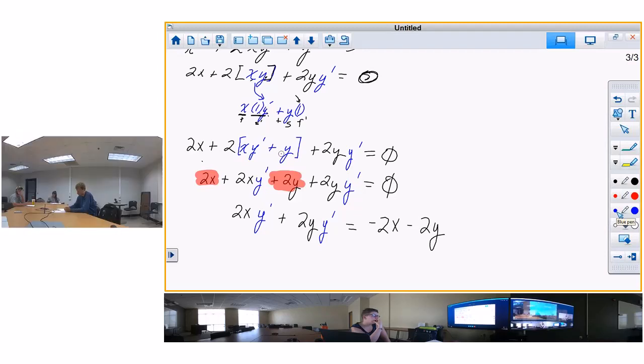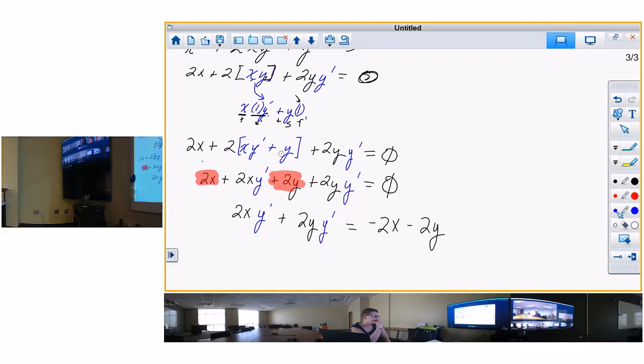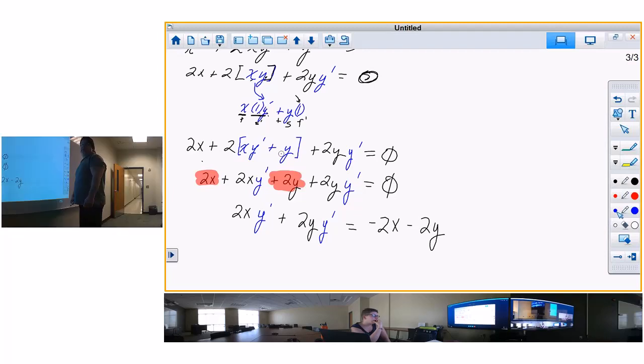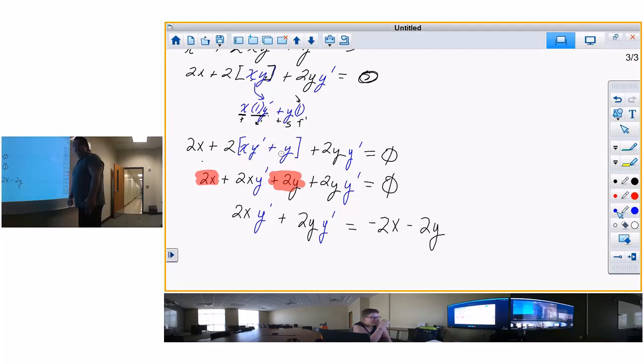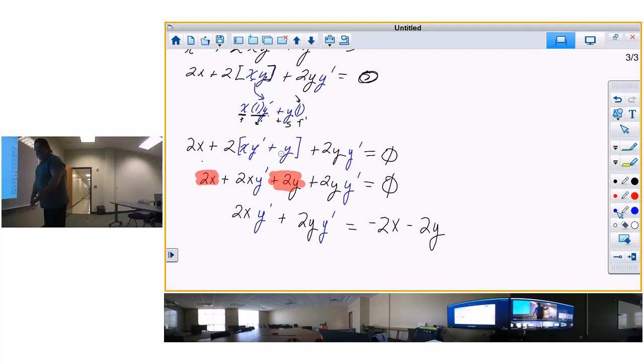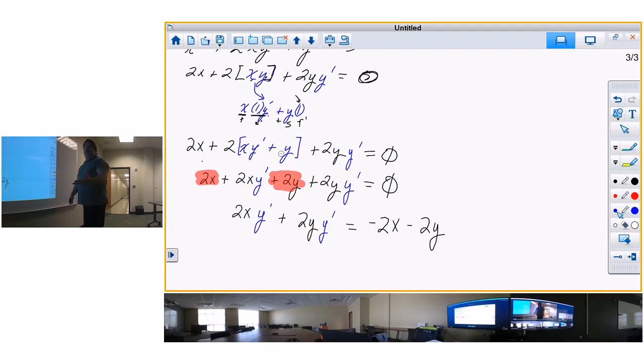Starts with F. Fact... Factor out a common term. Now you're thinking the right way. Factor out a common term.